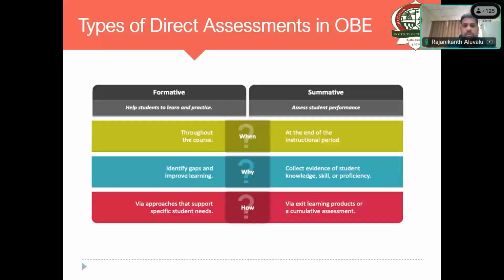But now, when I'm talking about categorization of formative and summative assessments, there are some advantages with both assessment models as well. OBE majorly focuses on formative assessments and the traditional education system focuses more on summative examinations.